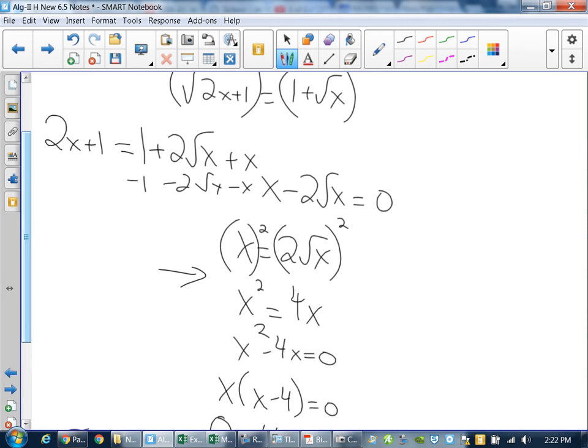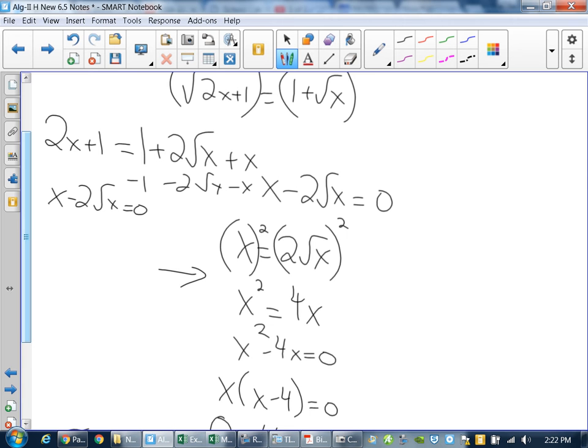The 1's dropped out, and I wound up with 2x minus x was 1x minus 2 root x, and that was 0. This didn't get me anywhere because I can't find GCFs when you have square roots. So knowing that I wanted to keep this balanced and get rid of the radical, I just moved it back real quick and squared both sides. That's how you have to set this one up.